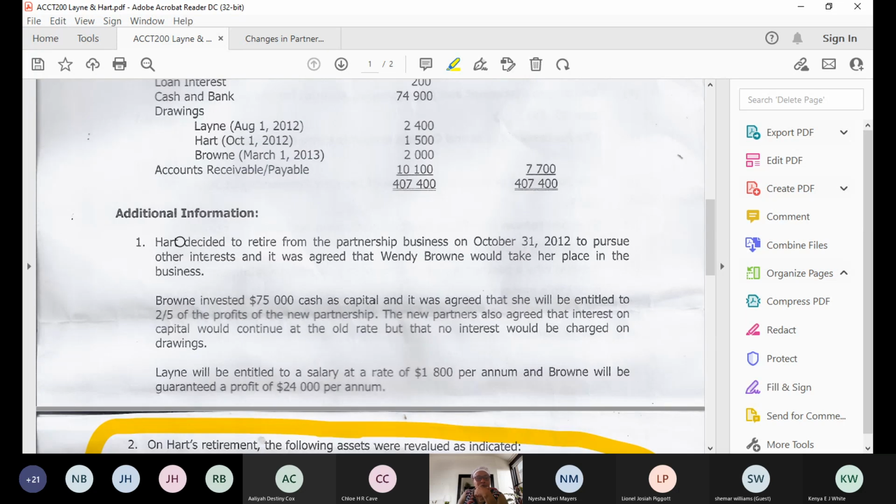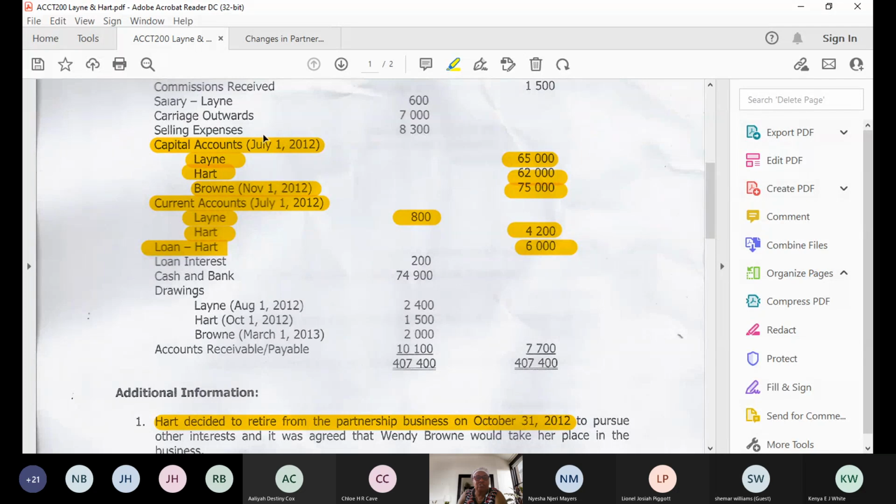But when you come to the new agreement, additional information here, they say Hart decided to retire from the partnership on October 31st, 2012. So we know that the information they give you here is from July 1st. So if she's retiring on October 31st, that means she's there July, August, September, October, 4 months.